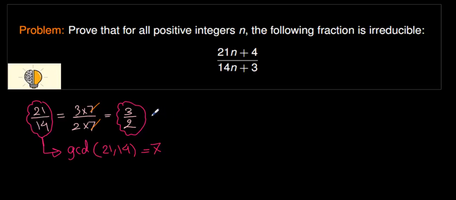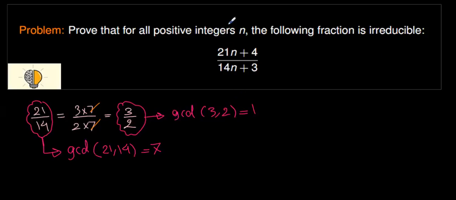But on the right-hand side, the GCD of 3 and 2 is equal to 1. That's why we can say that 3 and 2 are co-prime, and this fraction is irreducible. So when we say that a fraction is irreducible, it means the GCD of its numerator and denominator is equal to 1.